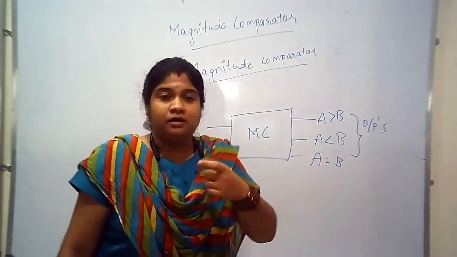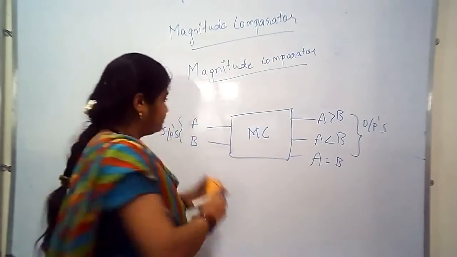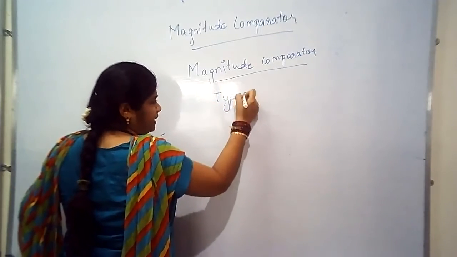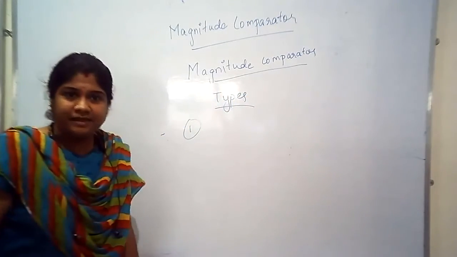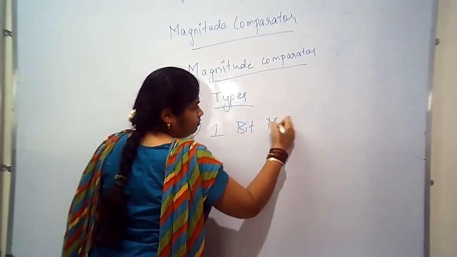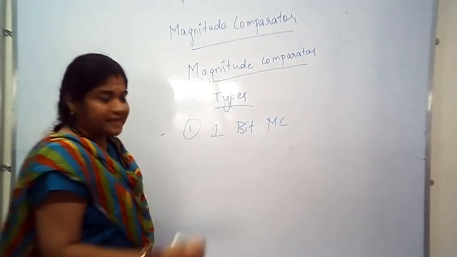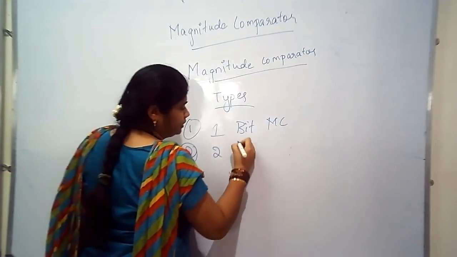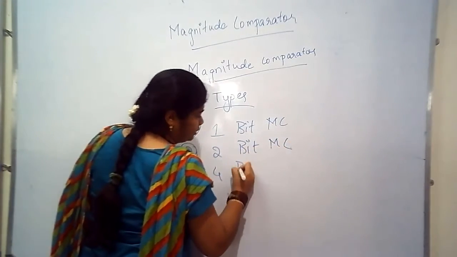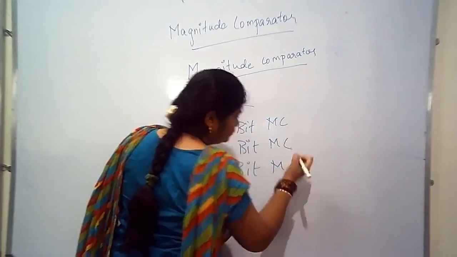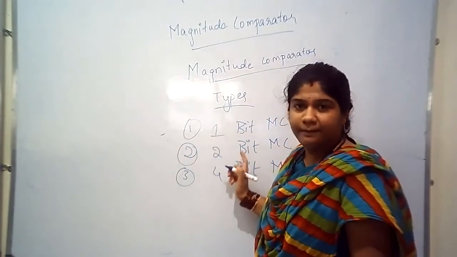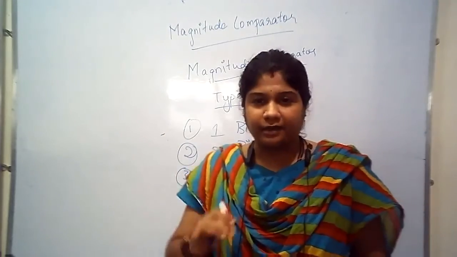Next, we'll be seeing the types of magnitude comparators. The first type is the 1-bit magnitude comparator, the second is the 2-bit magnitude comparator, and the third is the 4-bit magnitude comparator.